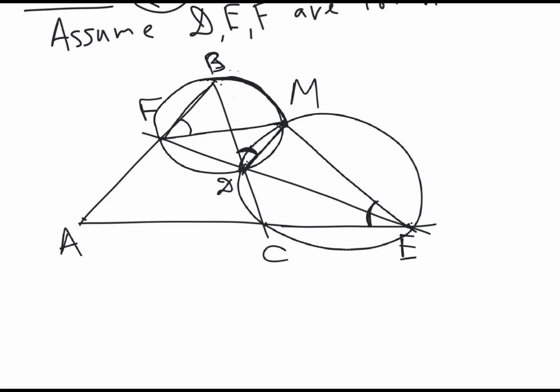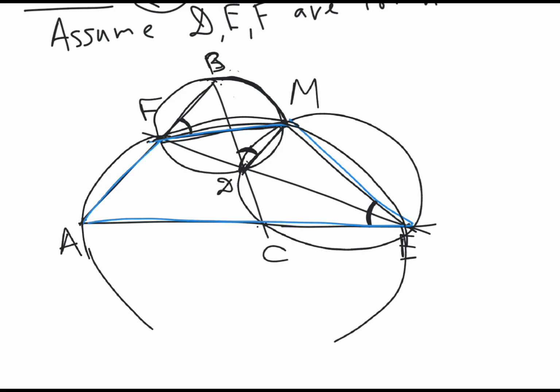So this angle BFM is equal to MEC, and these two angles in the quadrilateral that I highlight with blue are internal at one vertex E and external at the opposite vertex F. Therefore, because these two angles are equal, this quadrilateral is inscribed, and therefore the point M lies on the circumcircle of the triangle AFE. So this basically proves Miquel's theorem.